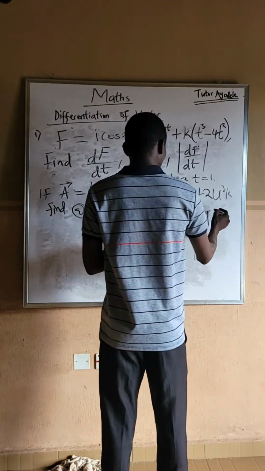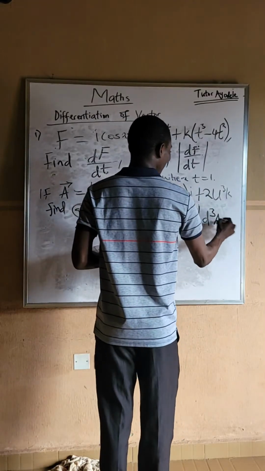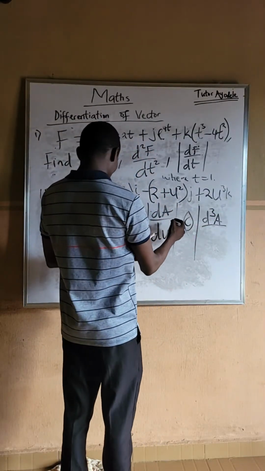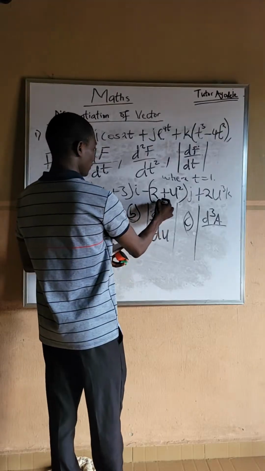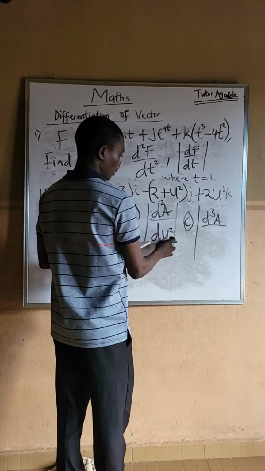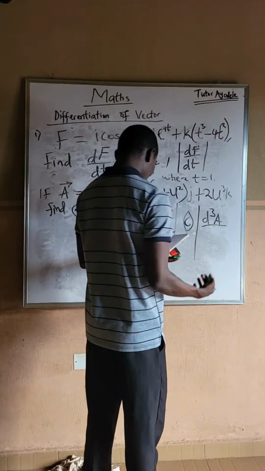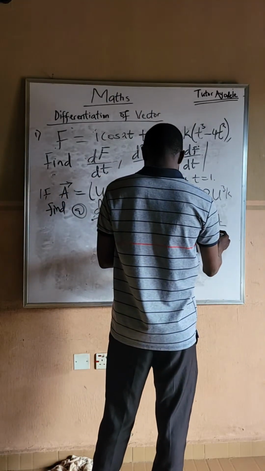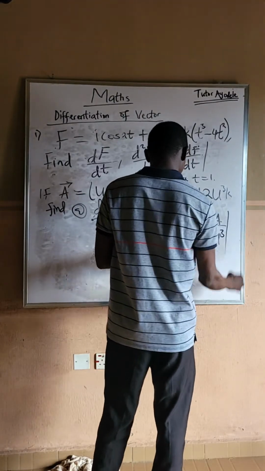The magnitude of this. You can see that here they are not the same. Here is the square of the derivative of A with respect to U. Now you can see that this is getting more complex. Over the derivative of A with respect to U raised to the power of 3.